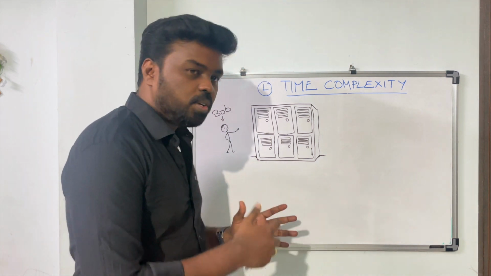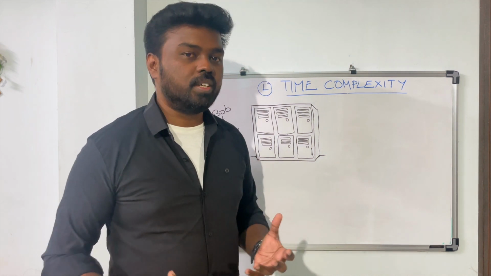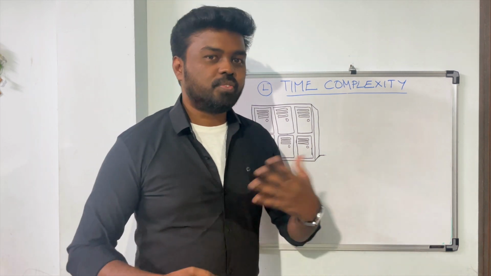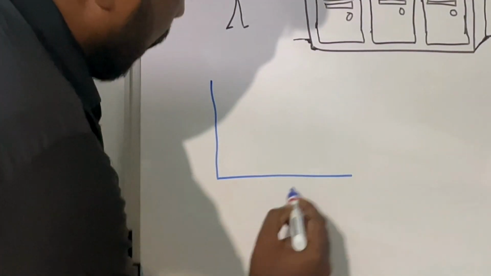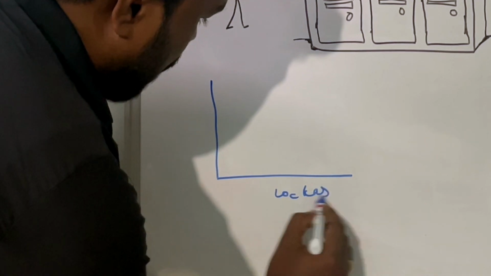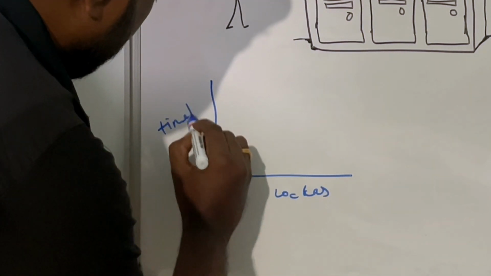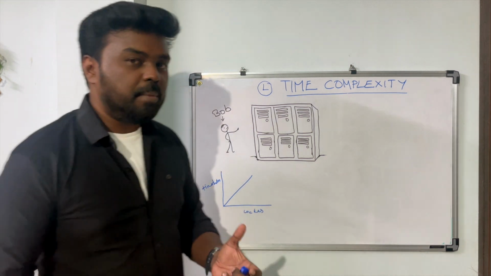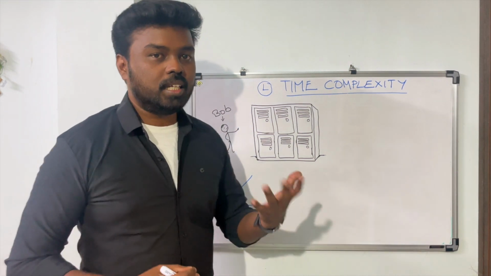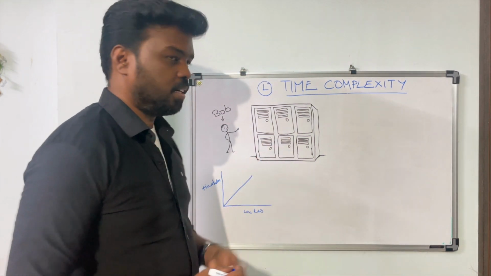So the more lockers we have, the more time it will take to complete the search operation. If you draw a graph between the number of lockers and the time taken, the graph would look something like this, because the time taken grows in a linear fashion relative to the number of lockers.